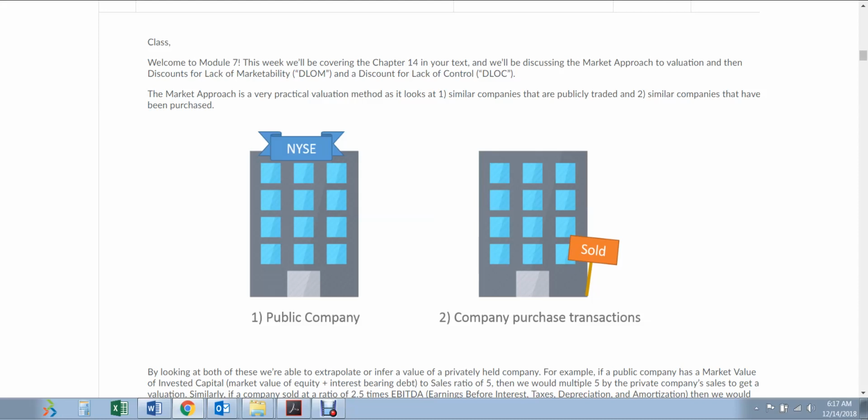So for a public company, you're going to be looking for a company that's within the same industry, same amount of total assets, similar revenue range, and you'll be applying metrics of that company to your own to come up with the value. So what you would most likely do is look at the public company's MVIC, which is market value of invested capital, which is the fair market value of equity plus the fair market value of interest-bearing debt.